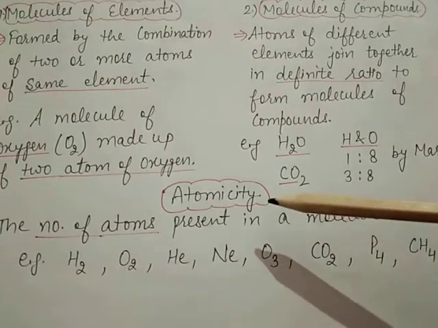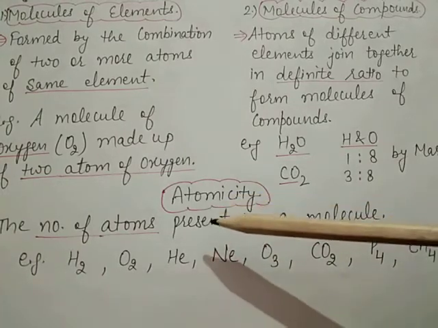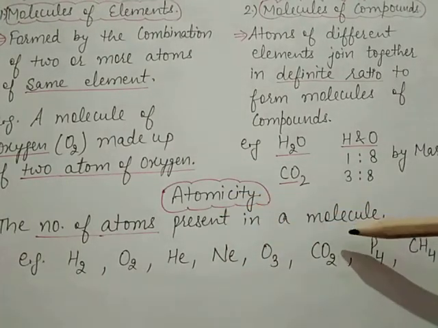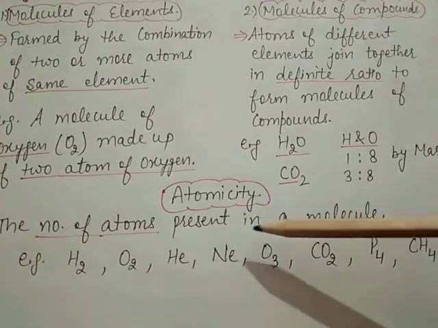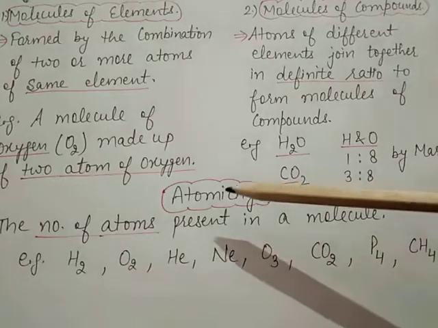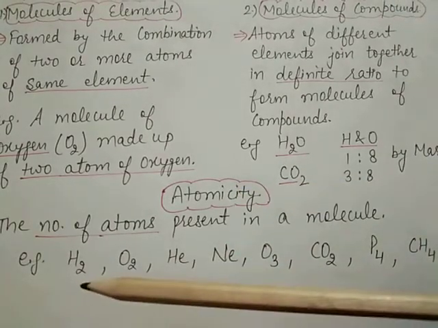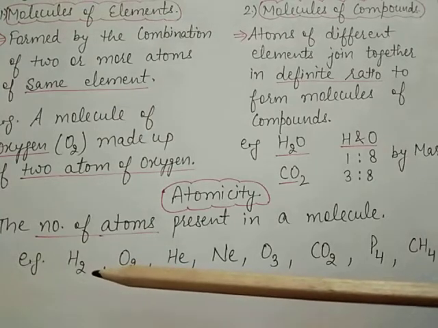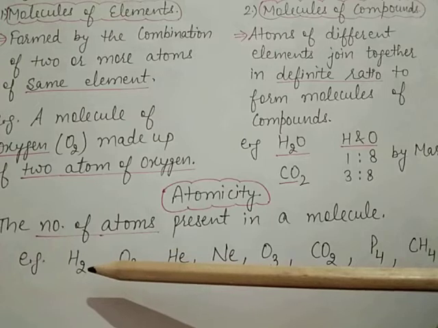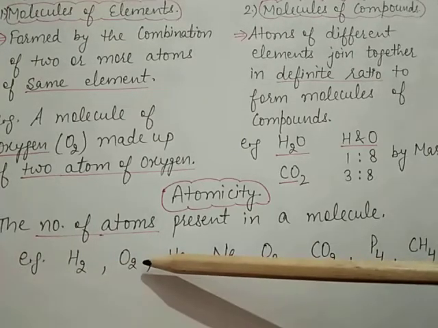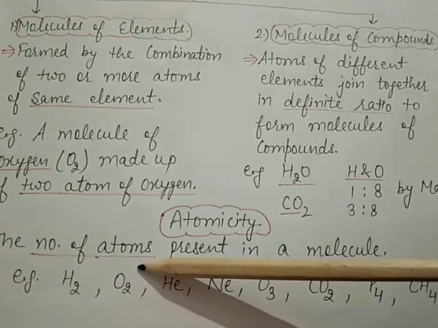Now the next topic is atomicity. Atomicity means the number of atoms present in a molecule. How many atoms are present in a molecule tells about the atomicity of the molecule. For example, hydrogen H2 and oxygen O2 have two atoms each, so these are diatomic molecules.